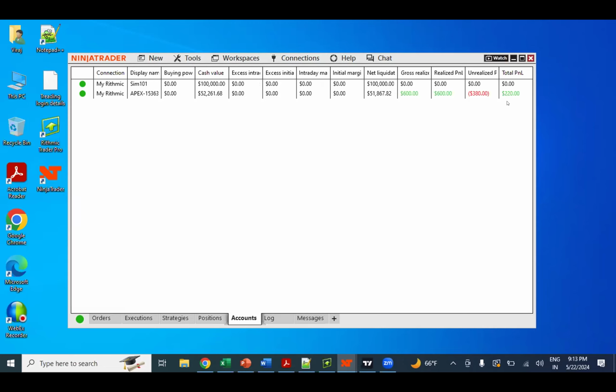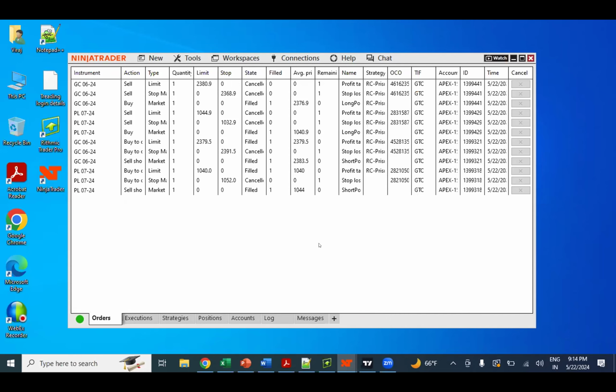What is that unrealized? What position is open now? No, there is one position which is still going on, right? Because we closed everything. Only Ethereum micros we have. Go to positions.